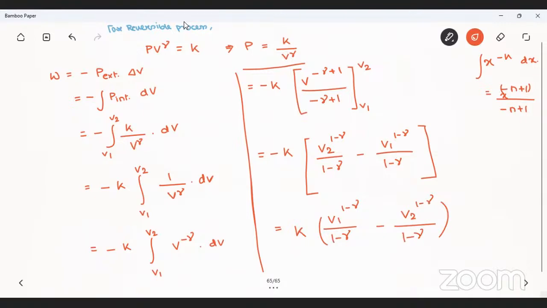So, up to this clear, right, everyone? Yes, ma'am. Okay. So, what we got so far? We got K into V1 to the power 1 minus gamma minus V2 to the power 1 minus gamma, by 1 minus gamma.